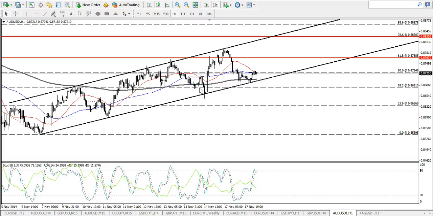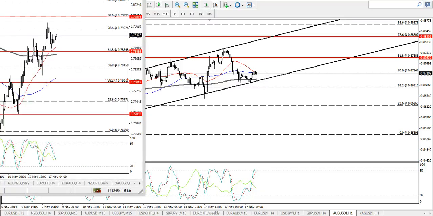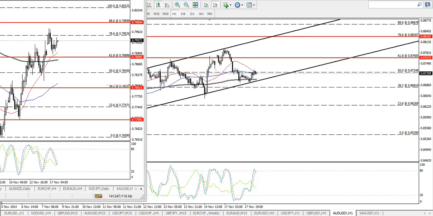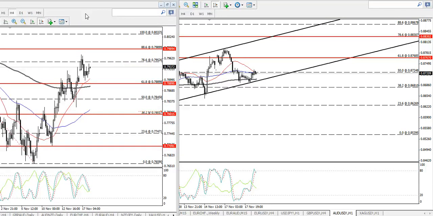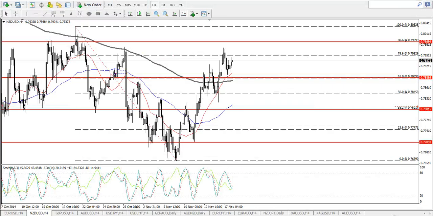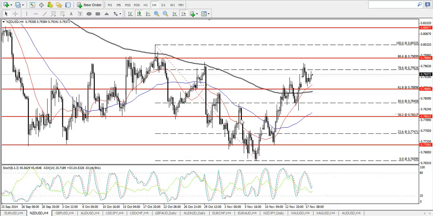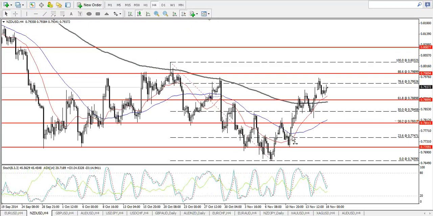And finally, the New Zealand dollar against the US dollar. Right, this is the New Zealand dollar against the US dollar. We have seen price has retraced a lot.